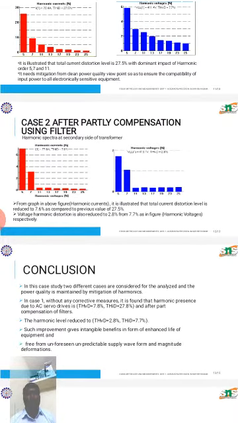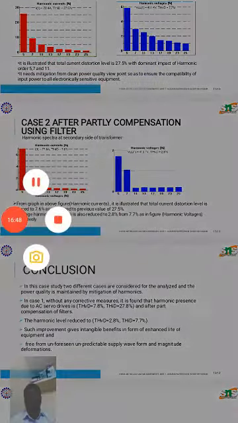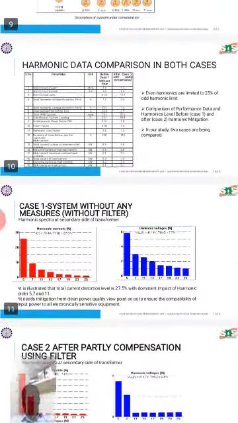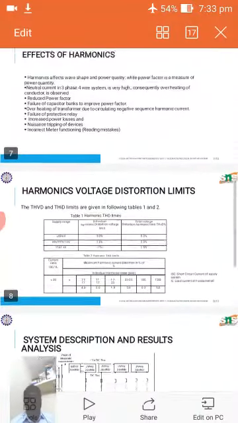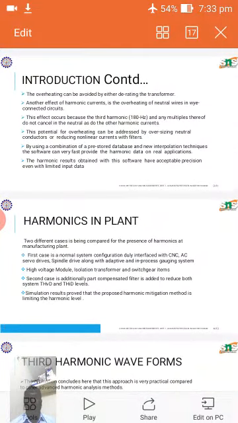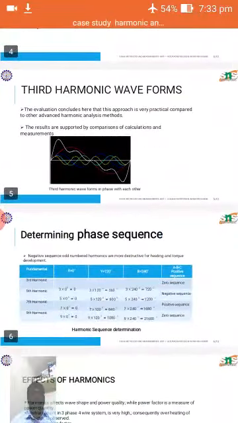And voltage harmonic distortion is also reduced to 2.8% from 7.7% as in the above diagrams. See this data, the limits, and also the harmonic mitigation has a good effect.